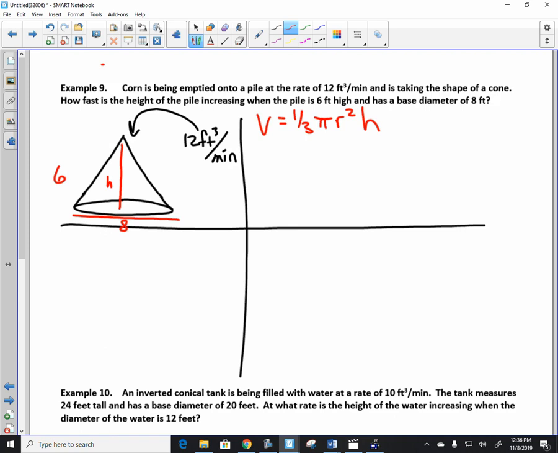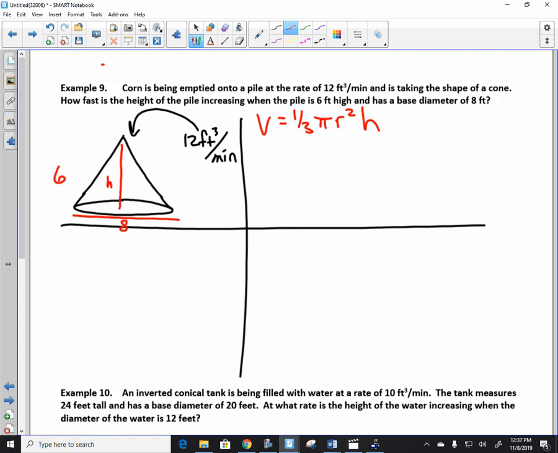Height, base, radius, volume, like everything's changing, agreed? So does everybody agree if everything's changing, I can't plug in the 6 right now. I can't plug in the 4 for the radius right now. It's all changing. So what do we do?